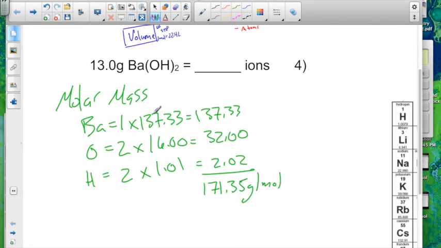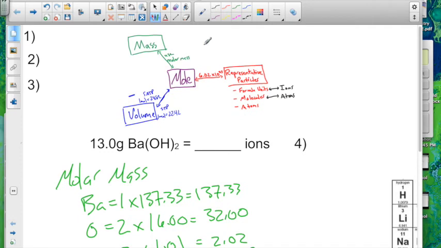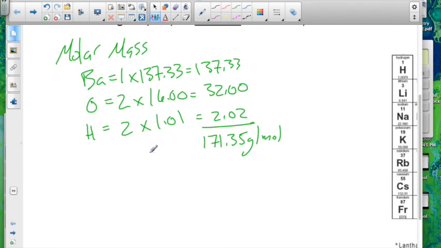So now we have our molar mass, as it says up in our mole map, that we need from mass to moles. So let's set it up. We have 13.0 grams barium hydroxide times. What do we need to put on top and what do we need to put on bottom? Well, we need our units to cancel.